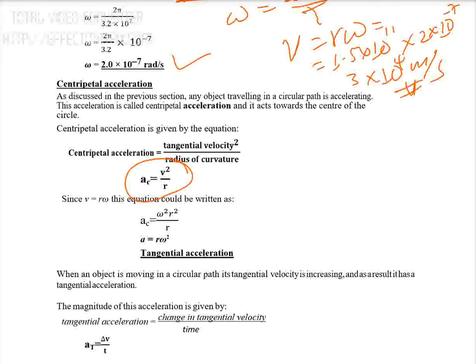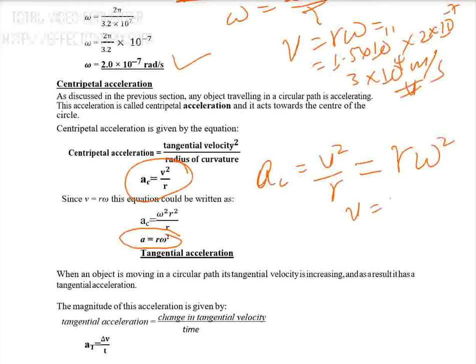By taking the relation between linear and angular velocity, you can rewrite it as centripetal acceleration equal to r times omega squared. Therefore, a centripetal is equal to v squared over r, or you can also calculate it using r times omega squared, because v is equal to r times omega, and if you substitute this in place of v, you get this equation.